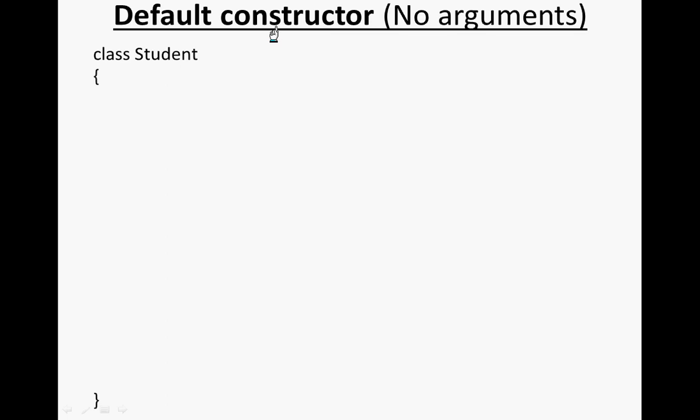Note it down, this default constructor is automatically supplied by the Java compiler when this default constructor is not specified by us. So see this code. Now we are going to create a class, namely student.